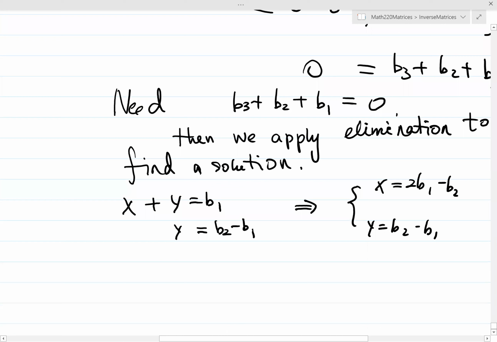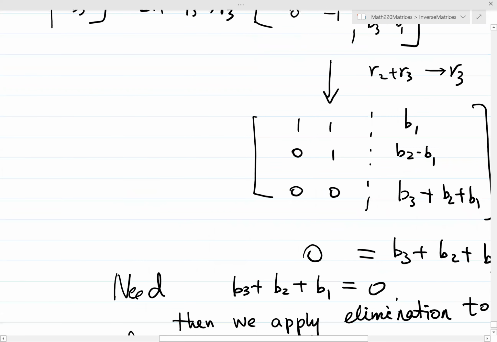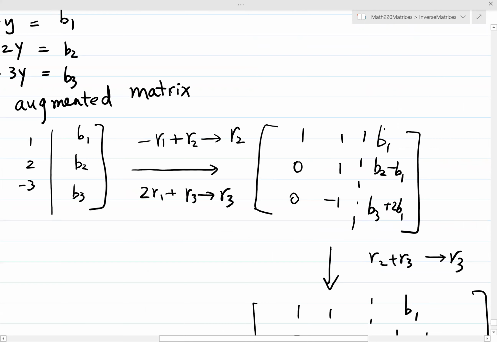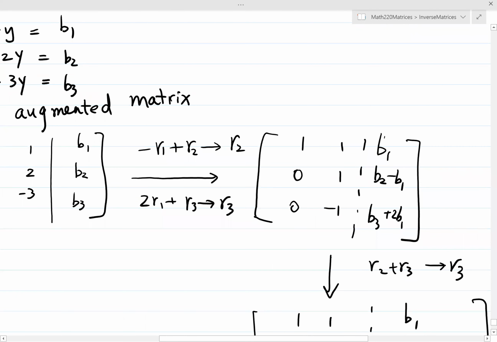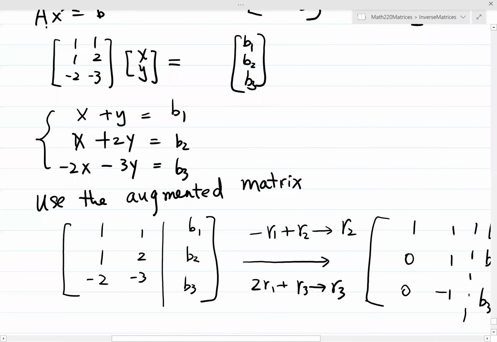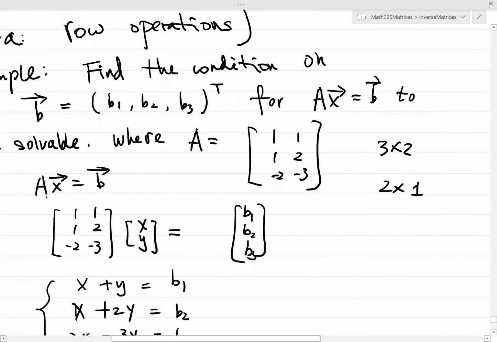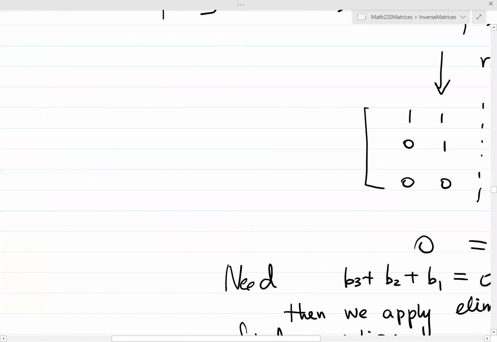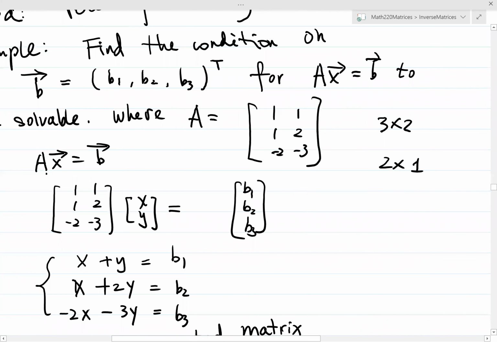Okay. So here rank of A is the dimension of the row space of A. Now the row vectors, you see after elimination, we actually have two non-zero row vectors. So in this case, the row space spanned by the row vectors is actually dimension 2. So rank of A is 2.